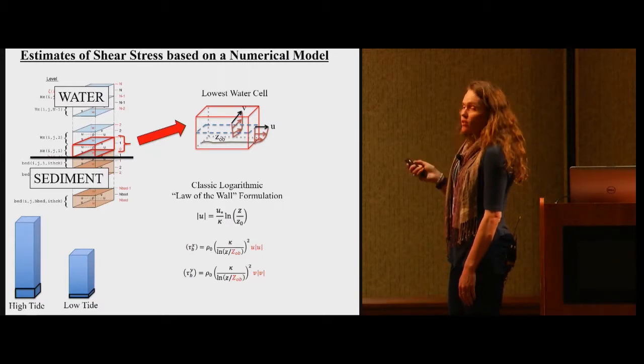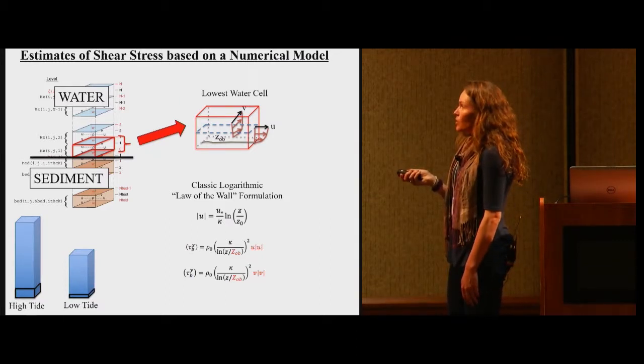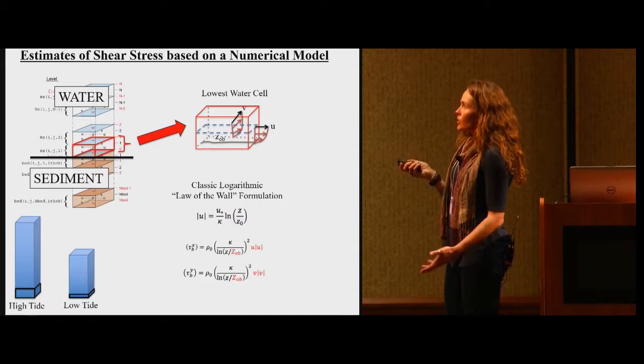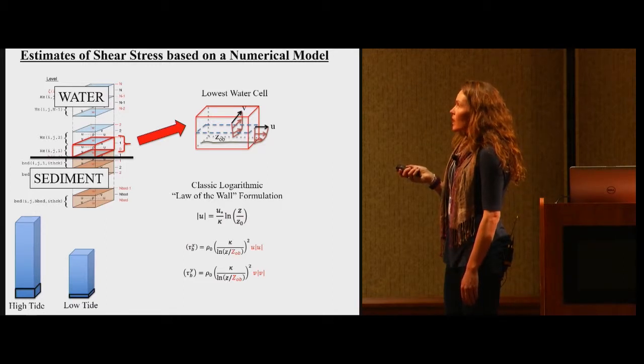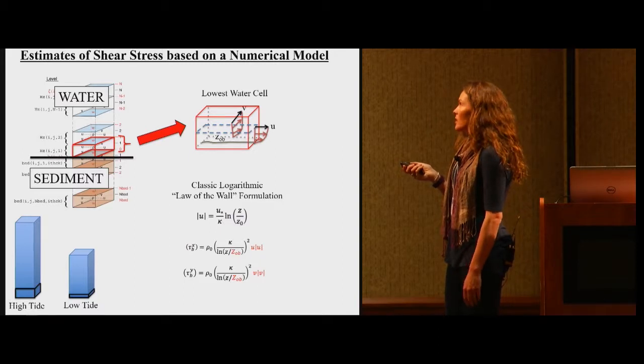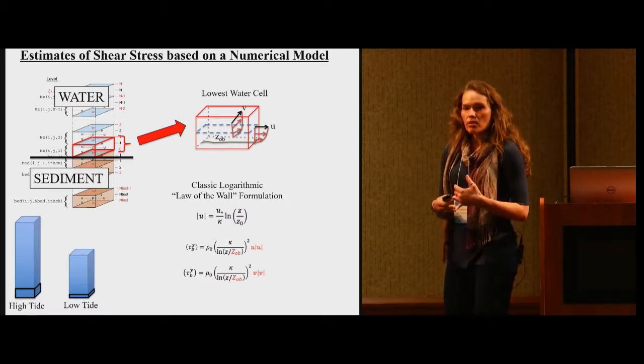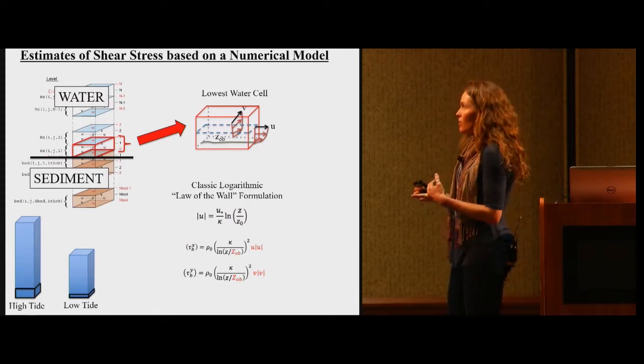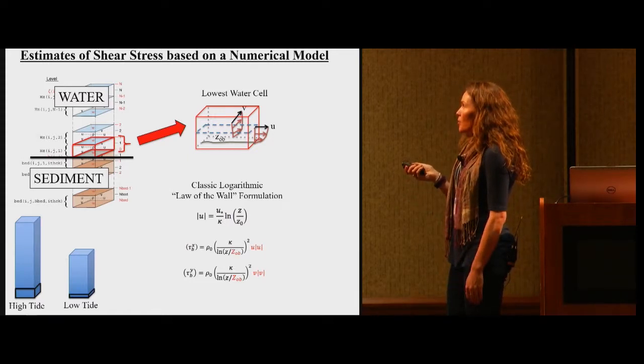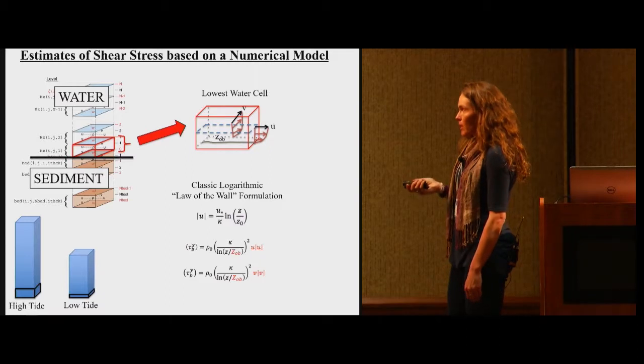This is how the model estimates shear stress. If you include sediment transport, you can have different layers of sediment. We don't. We just have vertical levels or vertical layers of water overlying a bed. Now, if you take that lowest cell and zoom in on it, the velocities are shown at those mid-cell levels for U and V, and then based on what you decide you want your bottom boundary condition to be, either that quadratic or logarithmic law of the wall, you fit that to that bottom, and then you have a prescribed bottom boundary condition.